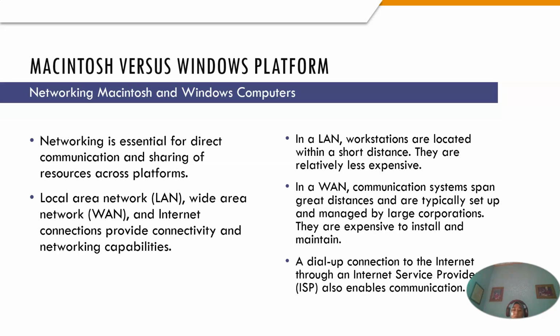And then we have the wide area network, WAN. It is a communication system that spans great distance, typically set up and managed by a large corporation. It is quite expensive because of the facilities also. To set up the networking, you need to have the facilities.